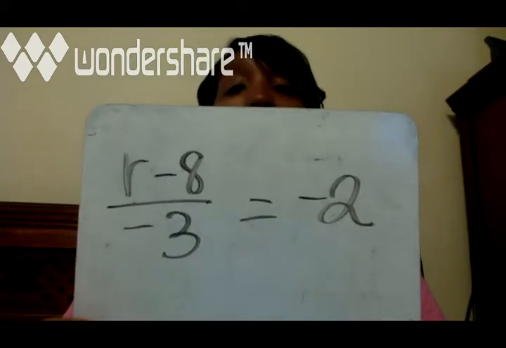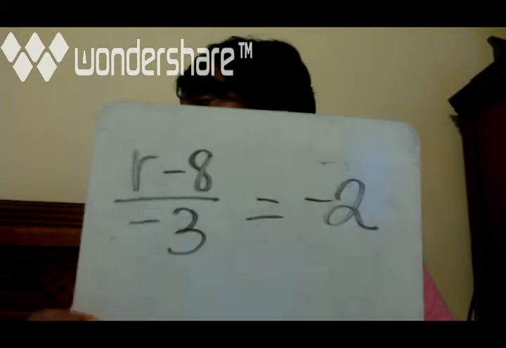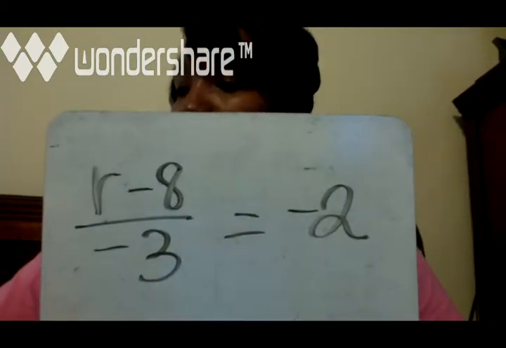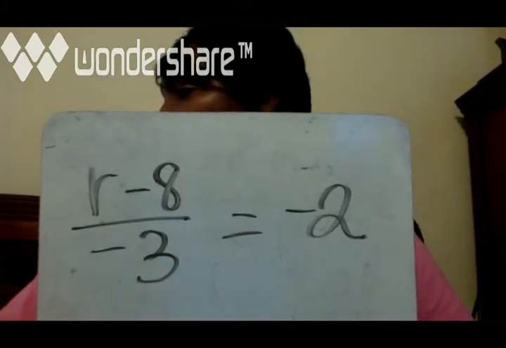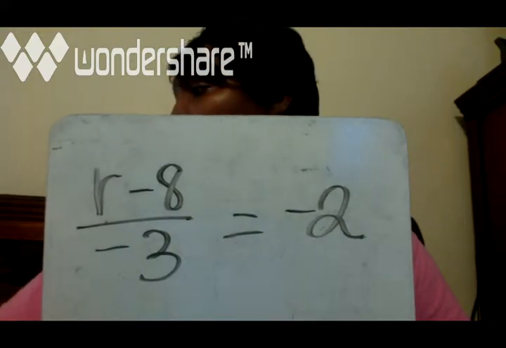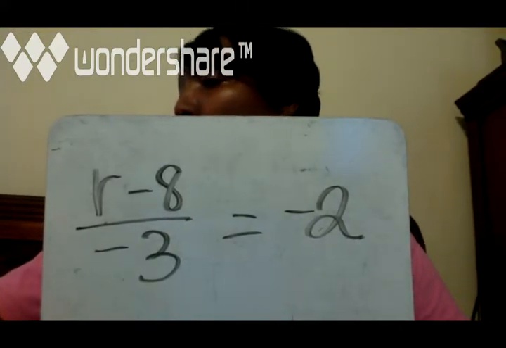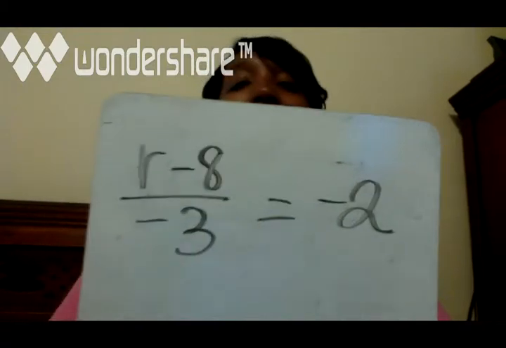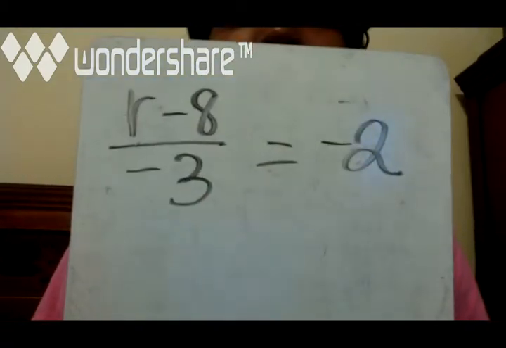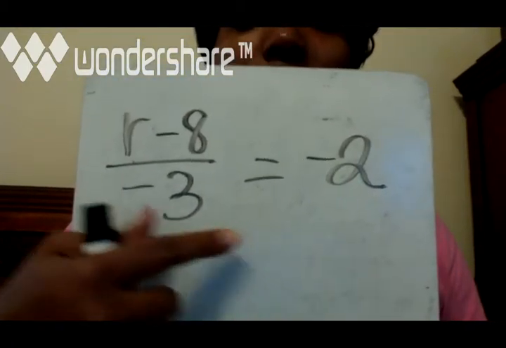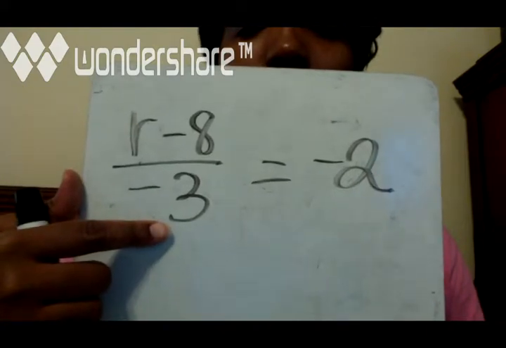I'm going to show you two different ways to work this problem. The first way would be to multiply both sides by the denominator of the fraction, which is negative 3.